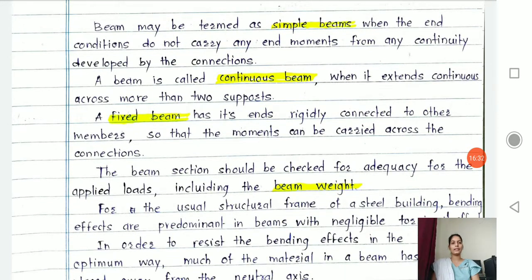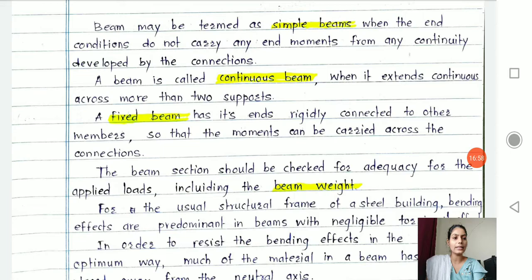Now second, a beam may be termed a simply supported beam, continuous beam or fixed beam. How do we classify it? These three categories, simple beams, continuous beams and fixed beams, are classified on the basis of what? End conditions. What did I say? End conditions.